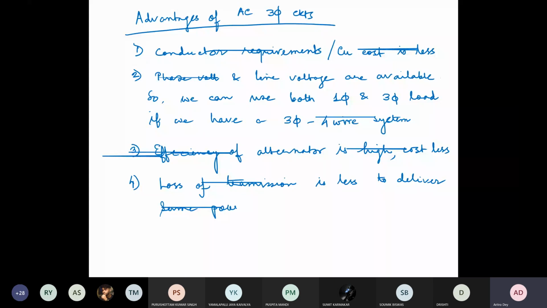And it is useful as many equipments are three phase. Like the three phase induction motor, which is self starting, and from the construction point of view they are economical. And if we go for the three phase circuit, then three phase transformers are also economical to use. So because of all this we go for the three phase circuit, three phase distribution system.